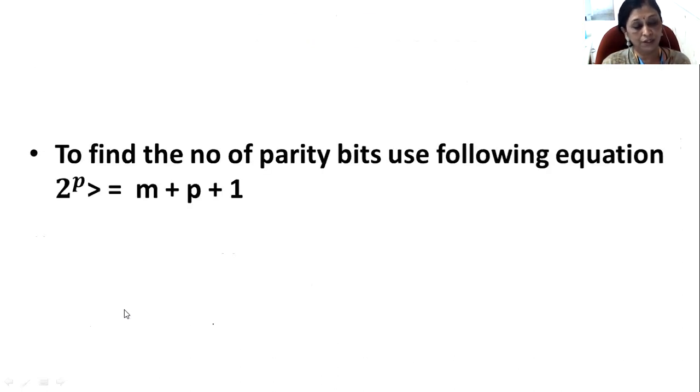So students, now in this lecture, we will be studying how to construct the Hamming code. In order to construct the Hamming code, first you should know the concept of parity.